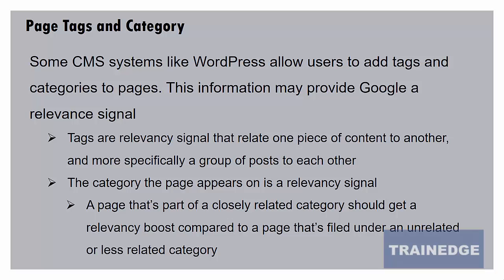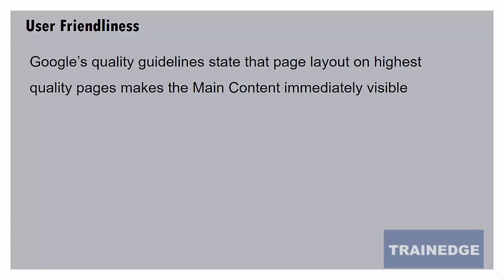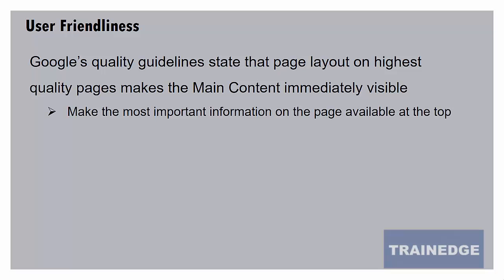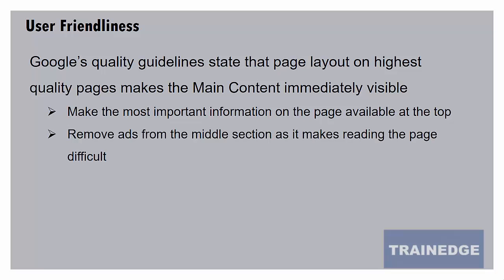User friendliness is again something that Google is very particular about. Google quality guidelines state that page layout on highest quality pages makes the main content immediately visible. So users should not have to scroll to find the main content or main thrust of the content. So make the most important information on the page available at the top of the page. Remove ads from the middle section as it makes reading the page difficult.